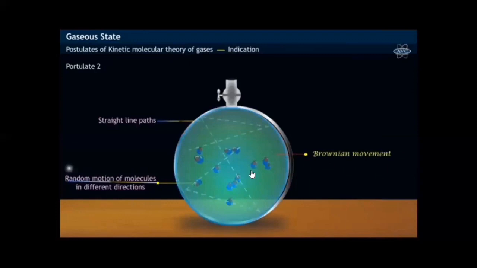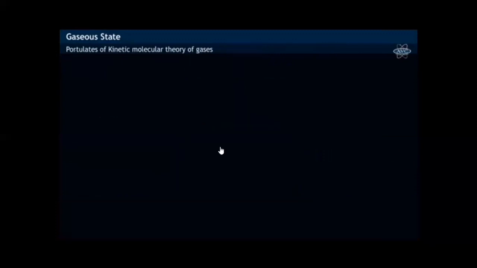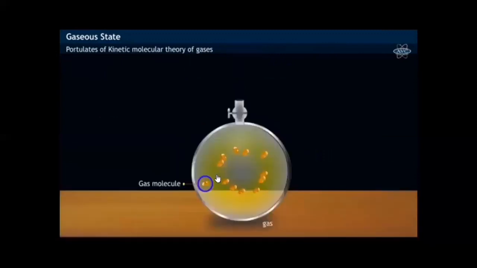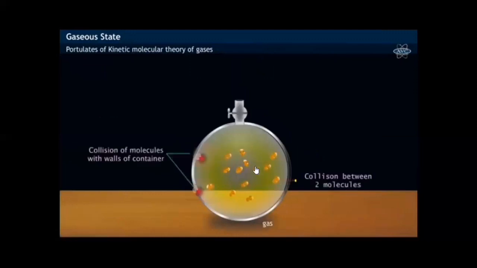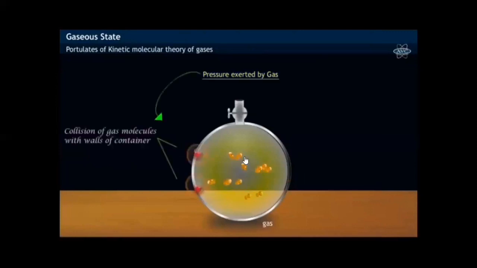During this motion, the molecules collide with themselves. That's another keyword, and with the walls of the container. You see here, between any two collisions, the molecules travel along a straight line. This is important. The path is always a straight line with uniform velocity. Another keyword, uniform velocity.